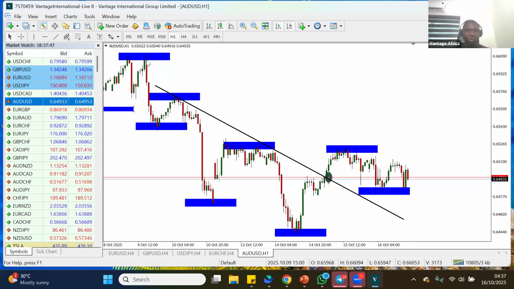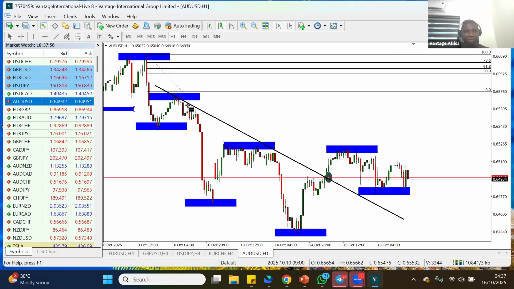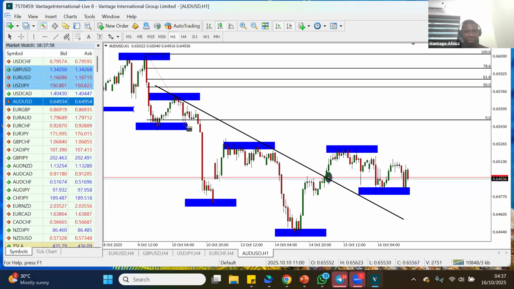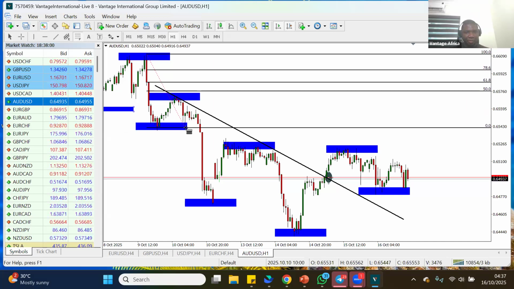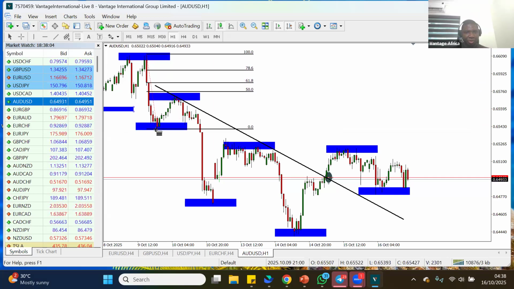So we use this top and bottom. Click here, put it on top here, and then we'll drag to this bottom.